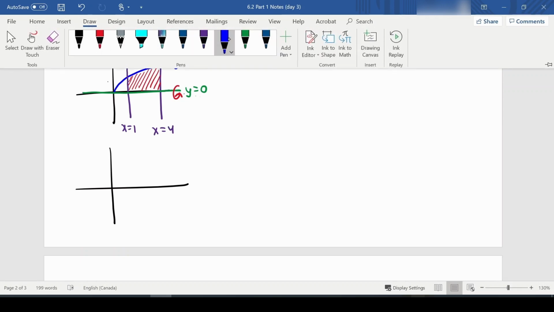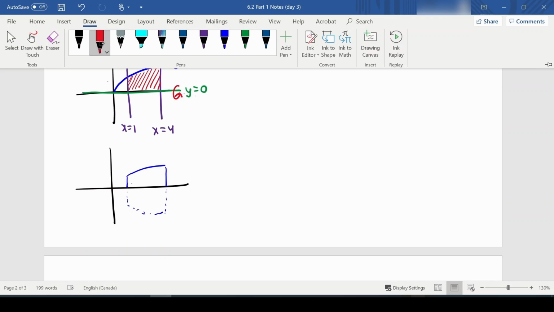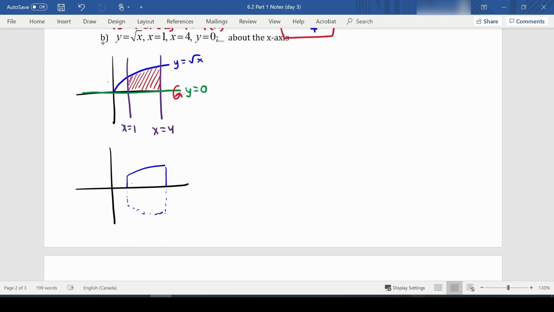So that means that our object is starting from here, ending here. It will rotate about the axis like this, which means that I should have circular objects at both ends, and a sample slab would look like this.